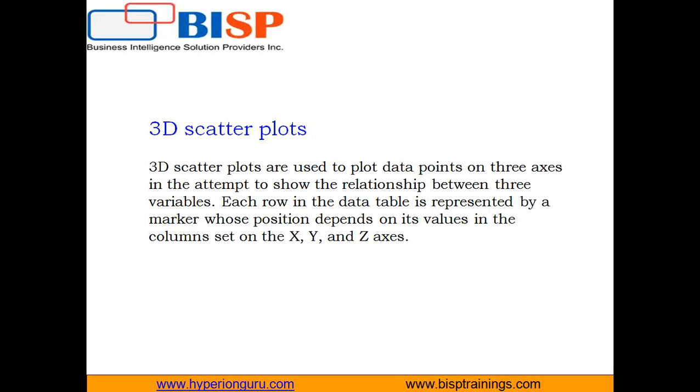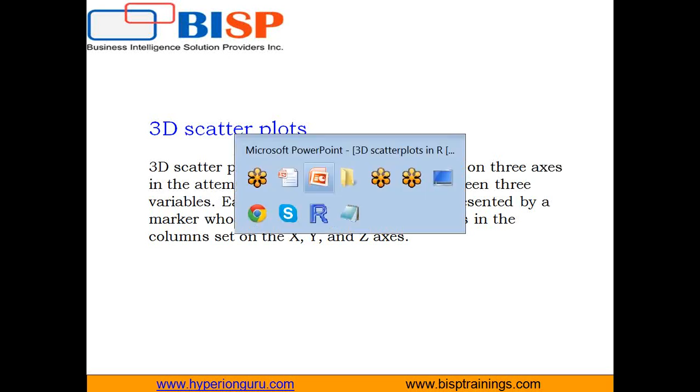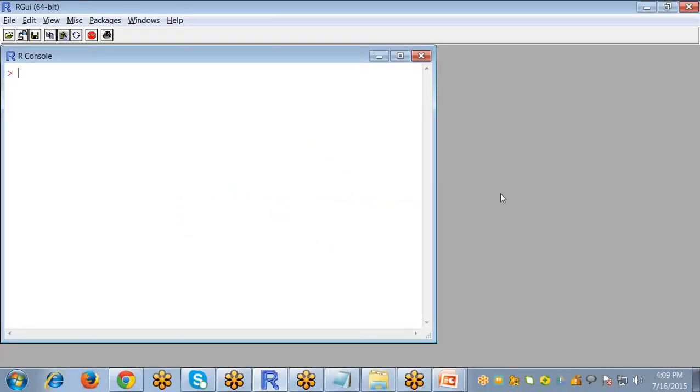So for creating a scatterplot 3D, we must install the package scatterplot3d in R. For creating a more advanced scatterplot, let's begin with our RStudio. The first thing you must do is install scatterplot3D.